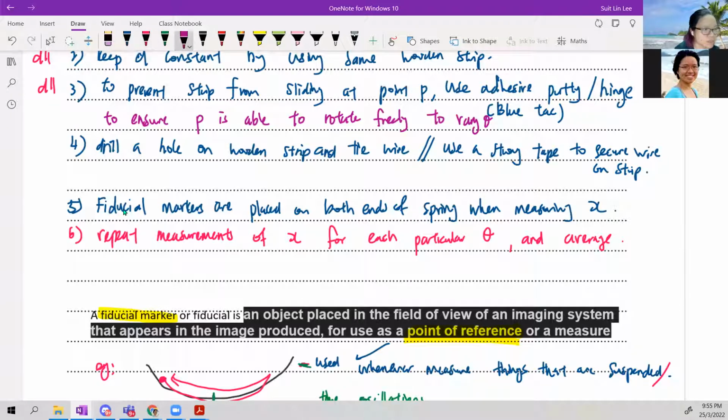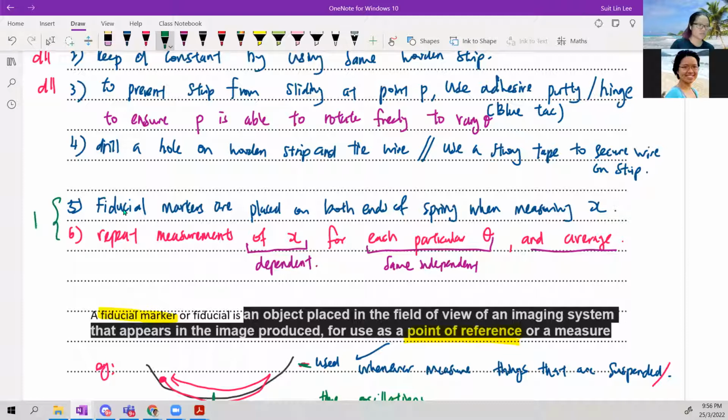So your sentence should be: repeat measurements of the dependent variable for the same independent variable and average. So you can write average.